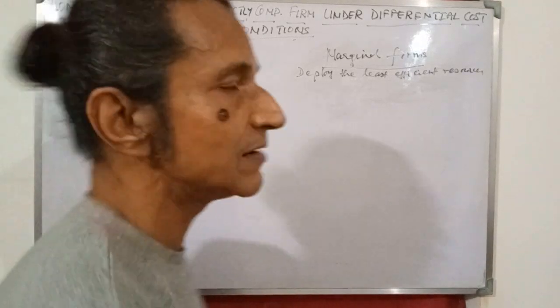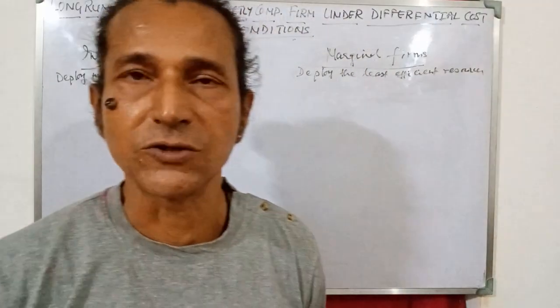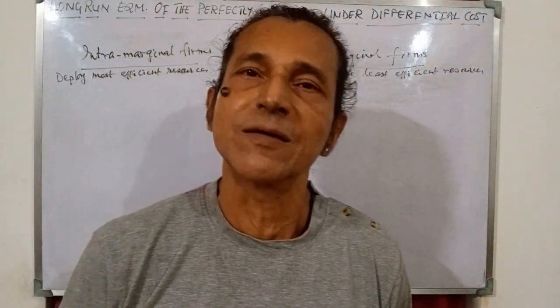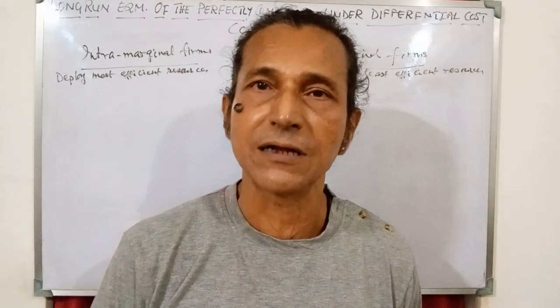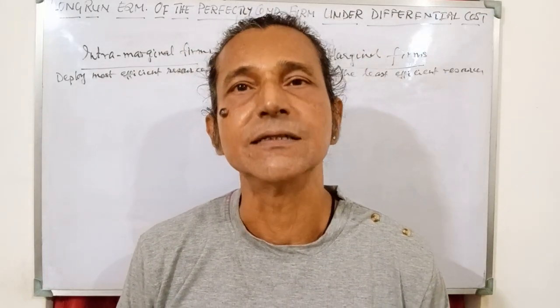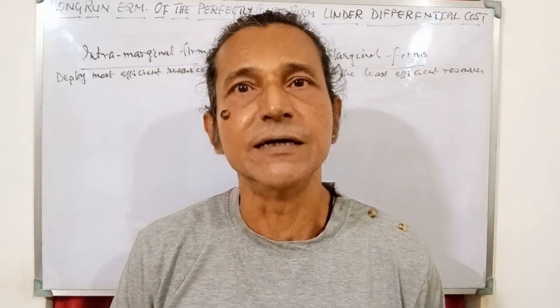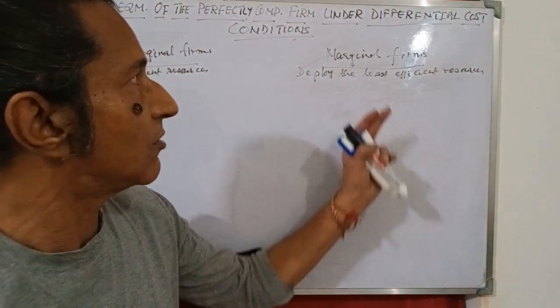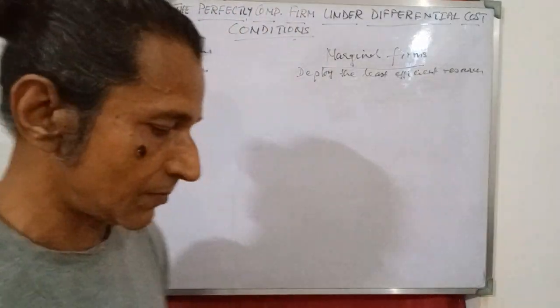Since the intra-marginal firms deploy the most efficient resources, their productivity is higher than the marginal firm. As a result, their costs are relatively lower compared to the marginal firms.